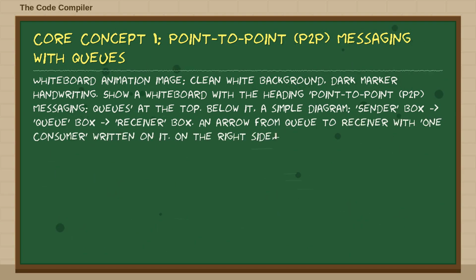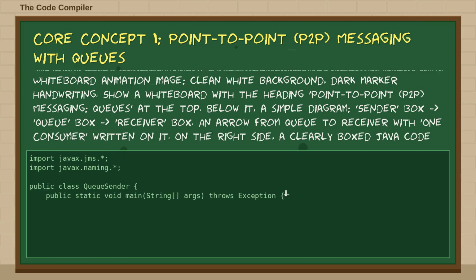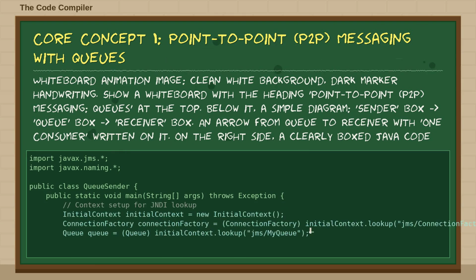An arrow from queue to receiver with one consumer written on it. On the right side, a clearly boxed Java code snippet demonstrating how a message producer sends a message to a queue, with queuesender or JMS producer highlighted. Neat teacher handwriting. No people.